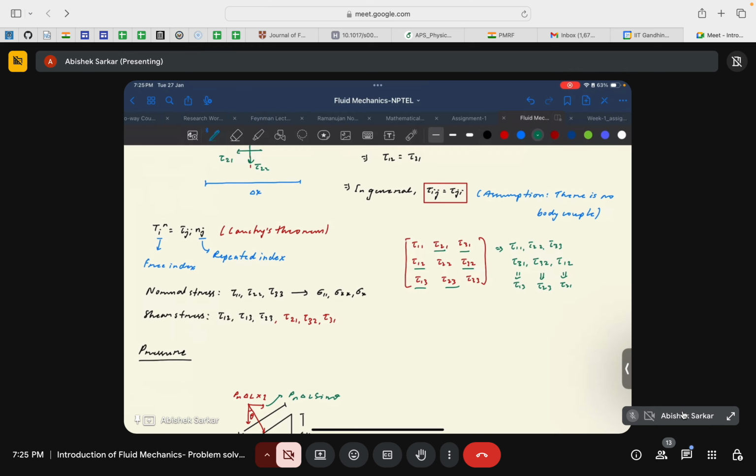So for a symmetric stress tensor we will have six unknown stress components. Does it clear the doubt?